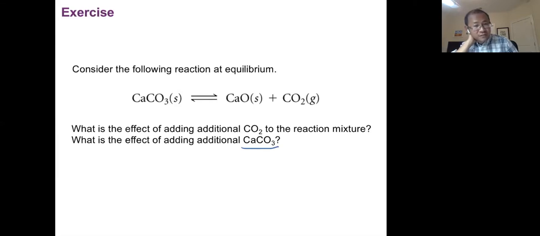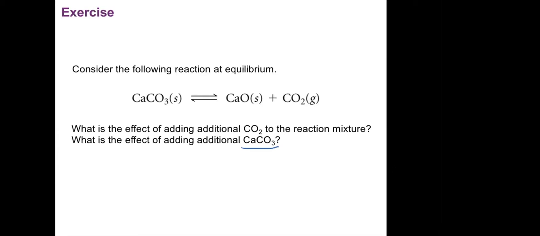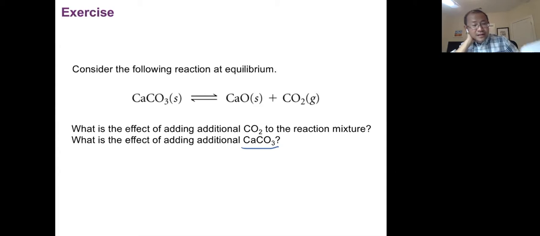Caroline, what is the effect of adding CaCO3? The equilibrium will shift to the right. I see where you're coming from, but unfortunately that's not correct. The reason is CaCO3 is not a gas or solution.